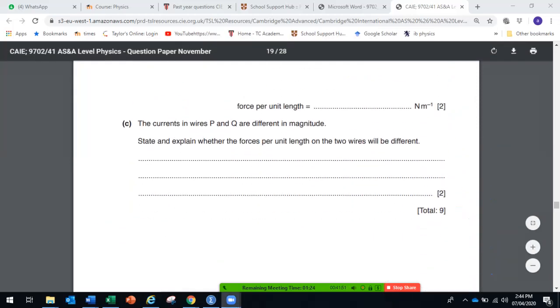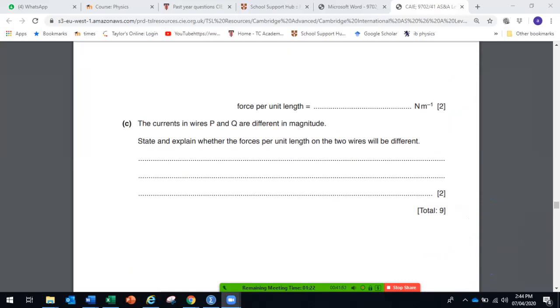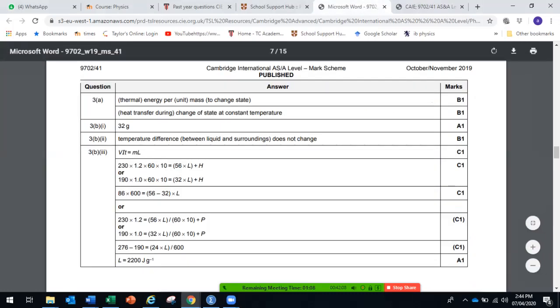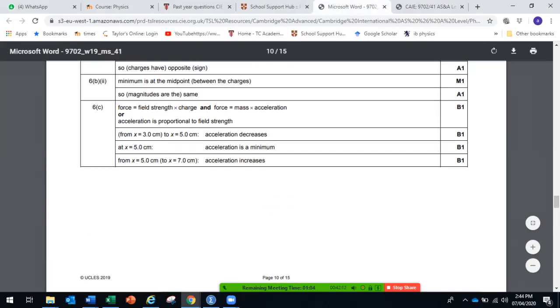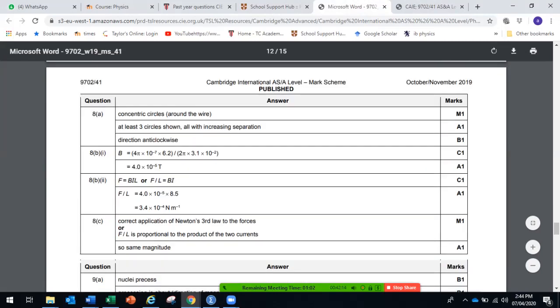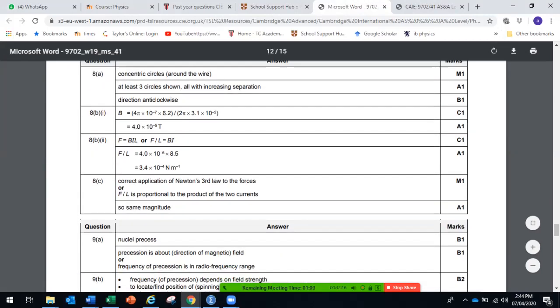Part C: the currents in P and Q are different in magnitude. State and explain whether the force per unit length on the two wires will be different. No, it's going to be the same, because the force is directly proportional to the product of the currents, and it's an action-reaction pair.